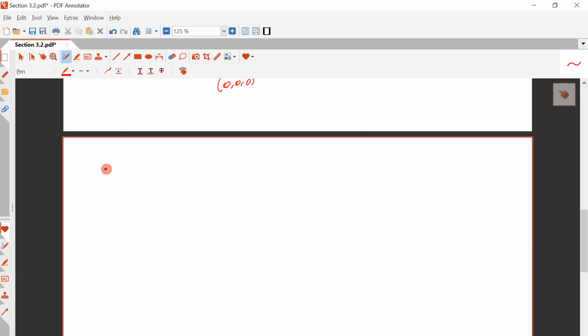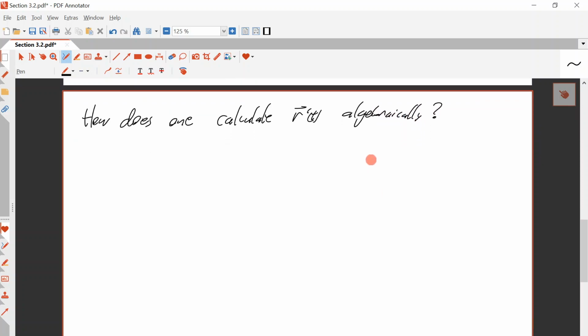How does one calculate it algebraically? Well, it's simply like this. r prime of t is equal to x prime of t, y prime of t, z prime of t.